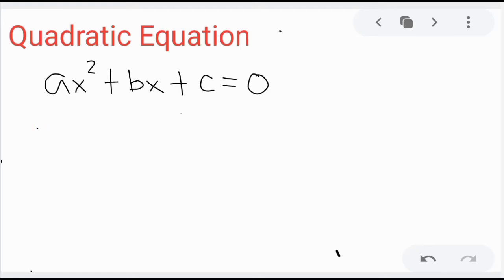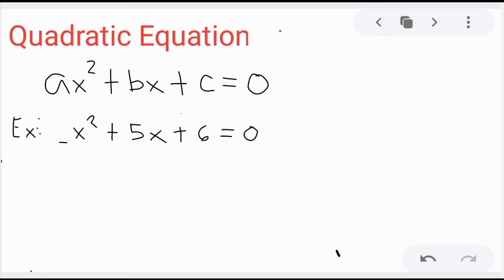In order for you to visualize this standard form of a quadratic equation, let's try this example. Let's say we have x squared plus 5x plus 6. It should be equated to 0 to be called standard form.